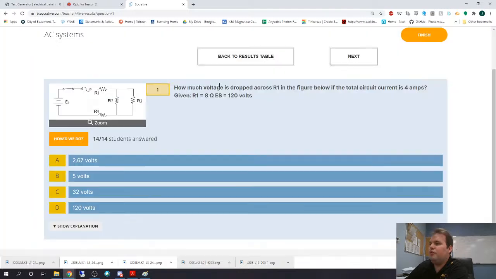They're asking what the voltage drop across R1 is. So we have a total current of 4, and a resistance of R1 is 8. So all you have to do is multiply those two together, because we have current and resistance, and we're looking for the voltage on R1. That's all they're asking about. So that's going to give us 32 volts.